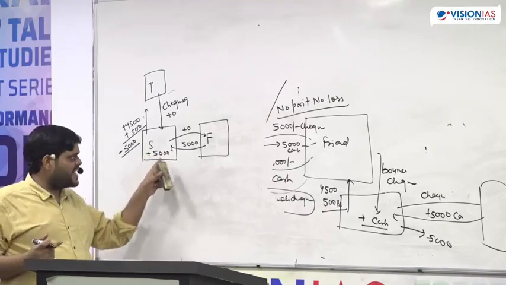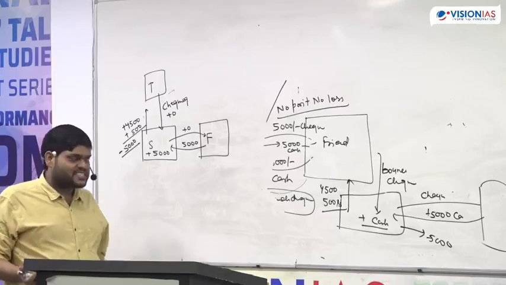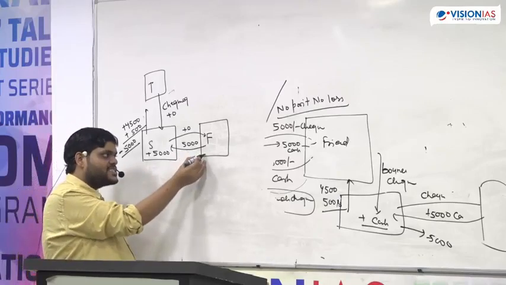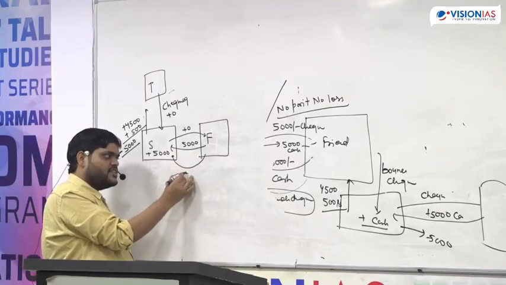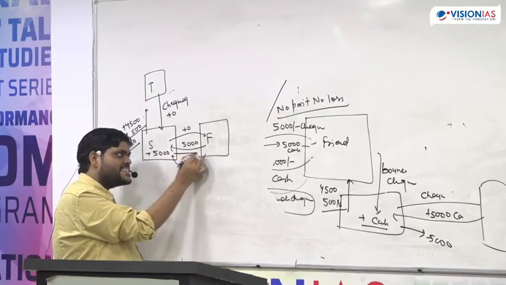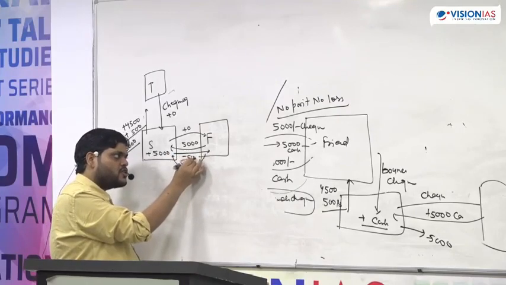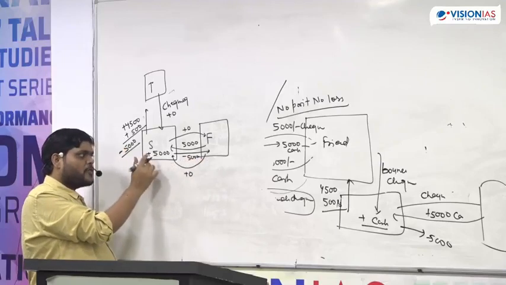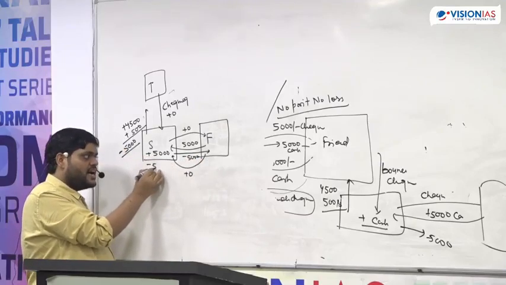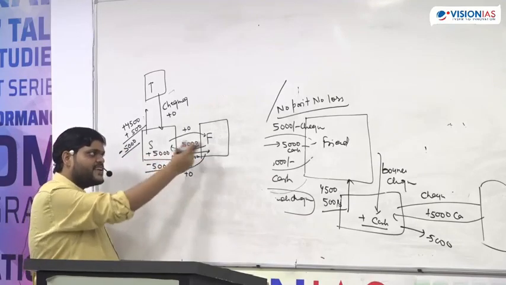First, on that day itself. What happened next day? Next day, this friend is again giving a check which has zero value and taking back 5,000 rupees. That means whatever this shopkeeper got, 5,000, next day that again went to the friend.